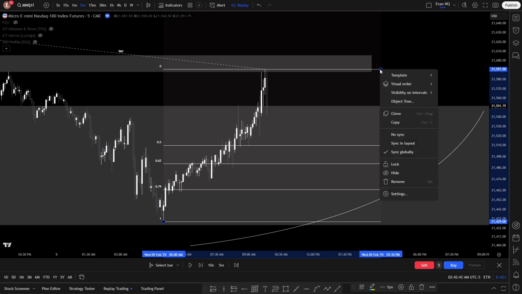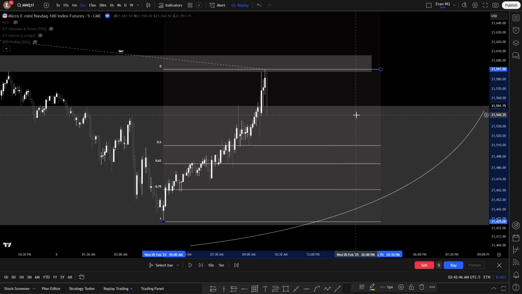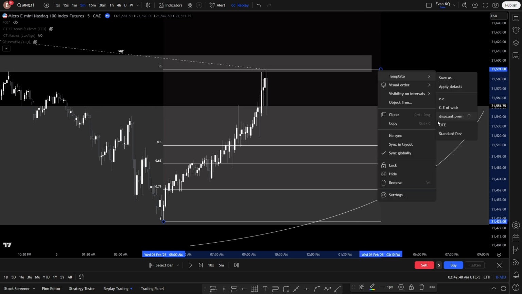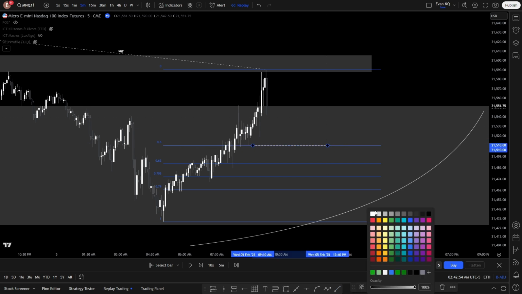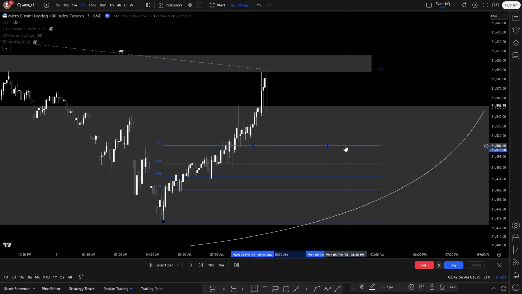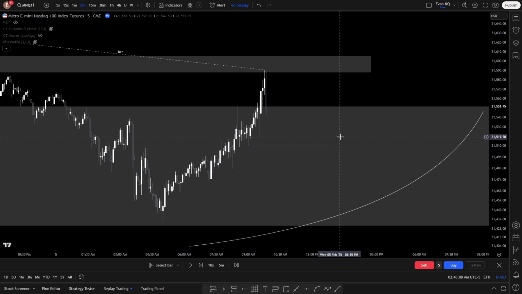It's one of the 4 reasons why markets move. So let's just do OTE, arc out equilibrium. So this white line represents equilibrium of the range.